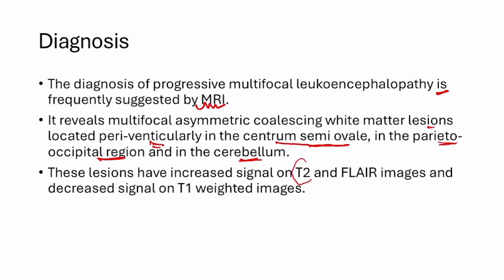They are seen on T2 weighted images, and better seen on FLAIR because the CSF signal is suppressed in FLAIR, and only the coalescing white matter lesions will be visible. On T1 weighted images, the signal will be inverse, a decreased signal. So the best image is FLAIR, I believe.